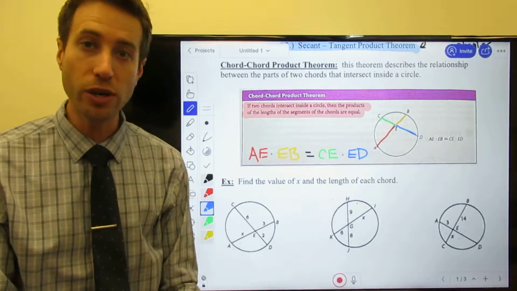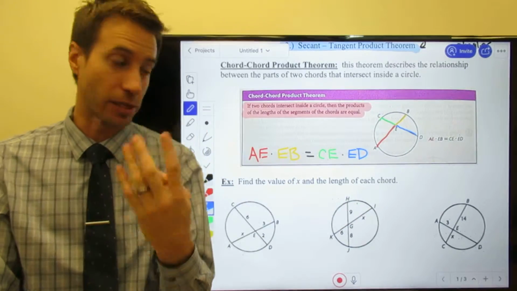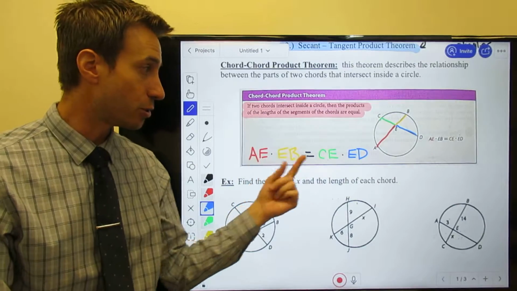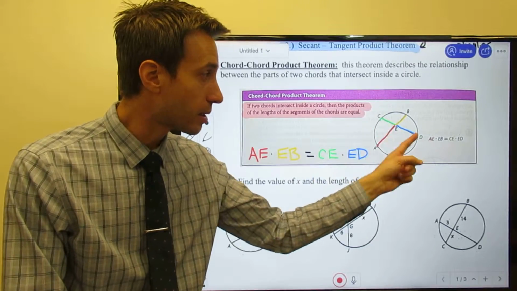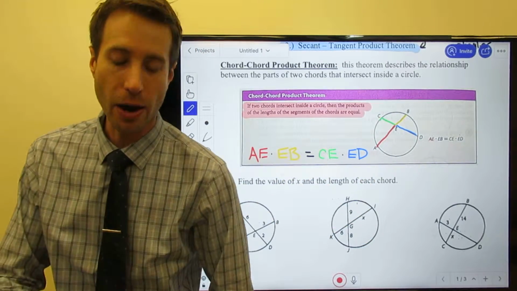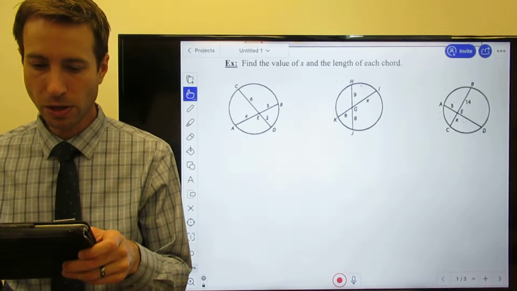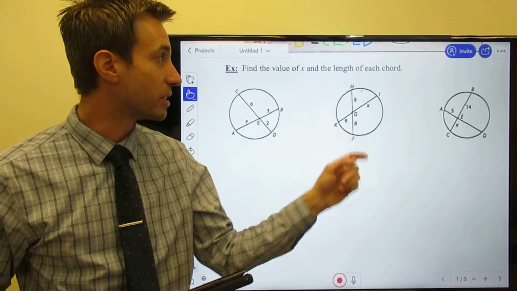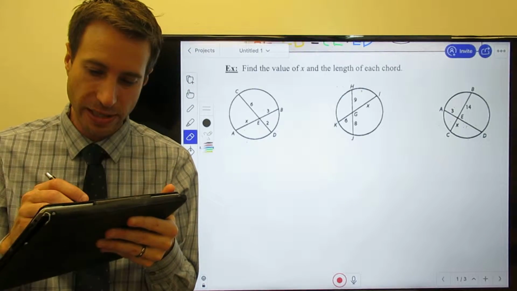You've got two chords, the chords intersect each other, and it creates four segments. Multiply together the two segments for the one chord. It has to be equal to the product of the two segments for the other chord. That's the theorem. Let me show you how it works when doing some problems. Here we go. Right down here, I have given you diagrams. I want you to find the value of x in each of these.